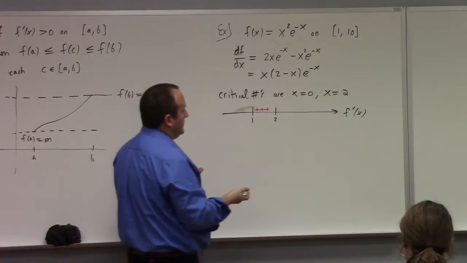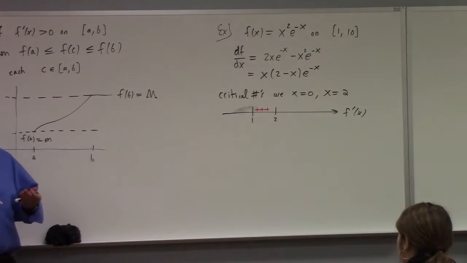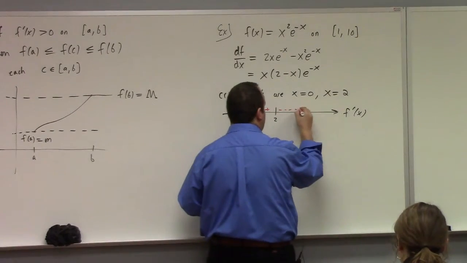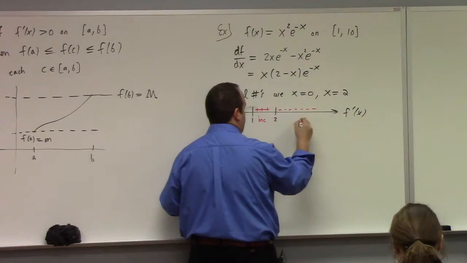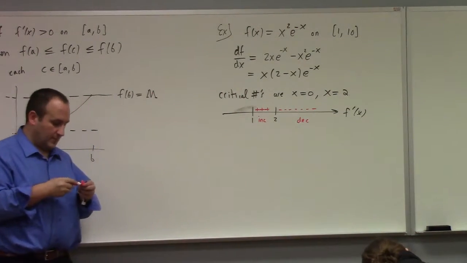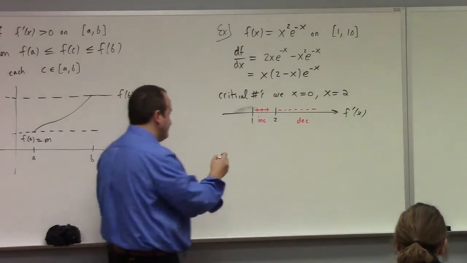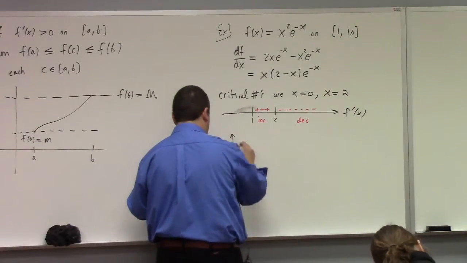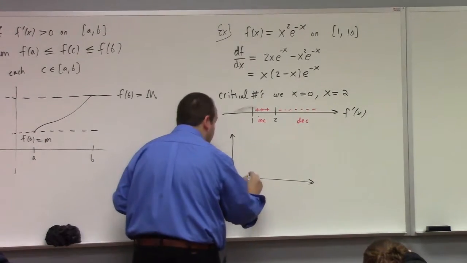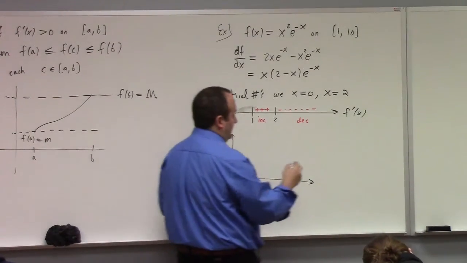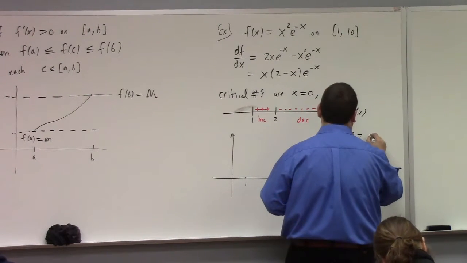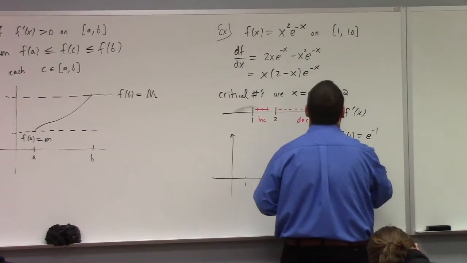And then if we plug in 3, we get like 3 times minus 1 times e to the minus 3, which is negative. So this function goes from increasing to decreasing over here. And so if I wanted to graph, you can see what's going on. If I start at 1, well, what's f of 1? E to the minus 1. What's f of 10?